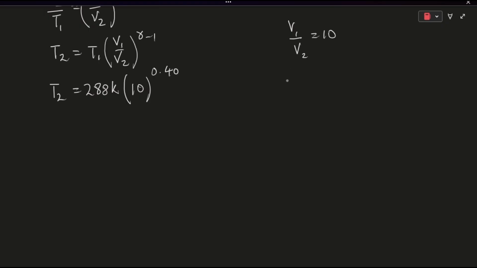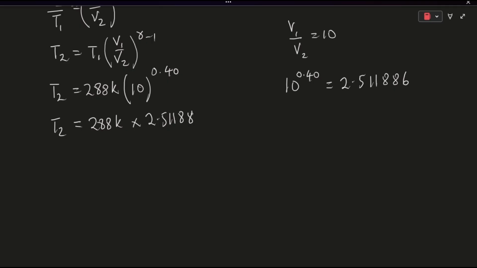Now, if we do the math, so T2 is 723.4 Kelvin.